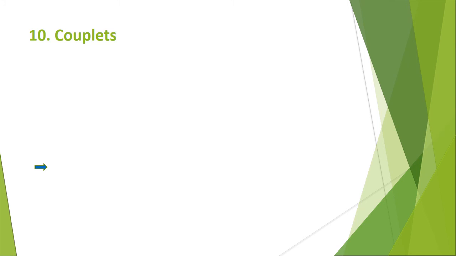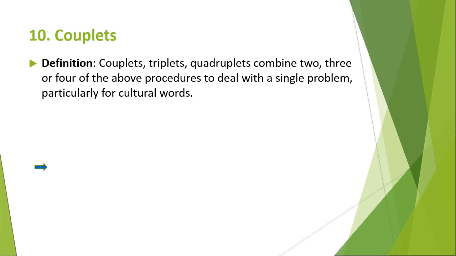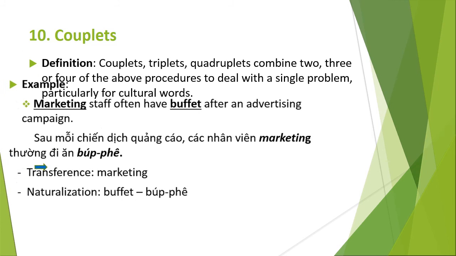And the last translation procedure is couplets. Couplets, triplets, and quadruplets combine 2, 3, or 4 of the above procedures to deal with a single problem, particularly for culture-bound words.